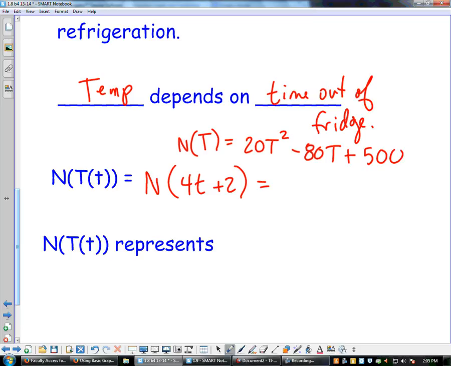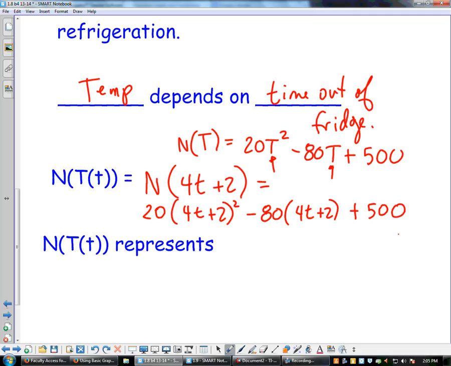So, are you focused? All right, and so we would plug in 4t plus 2 here and here. Everybody with me? So we would get 20 times 4t, no, not a capital T. 20 times (4t plus 2) quantity squared minus 80 times (4t plus 2) plus 500. Everybody get the idea?